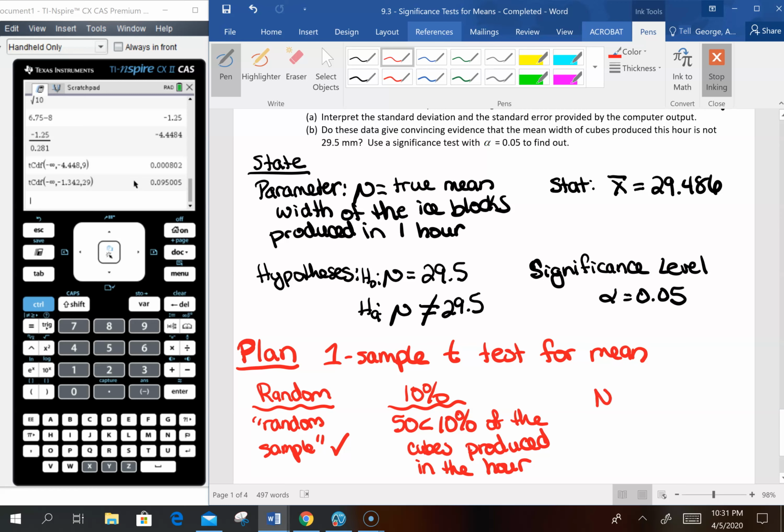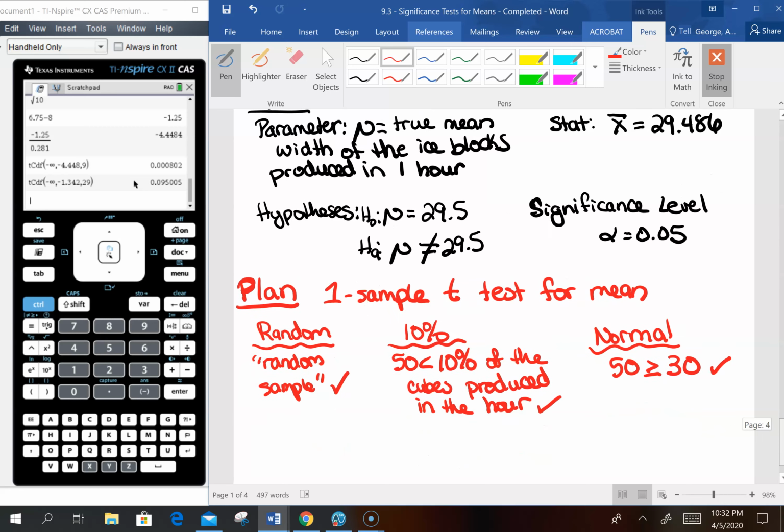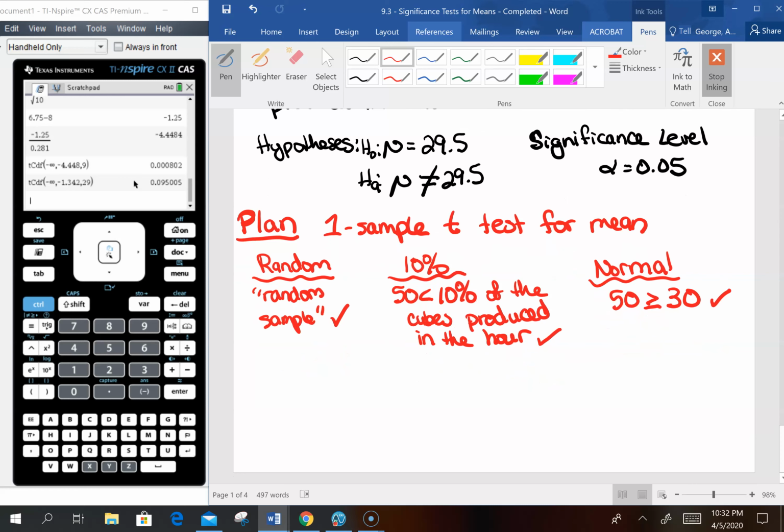And then for normal, they don't tell us it comes from a normal population, but our sample size is 50, and 50 is bigger than 30, which is our central limit theorem, so we're good to go. So we meet all of our conditions, so then we can jump down to the do.